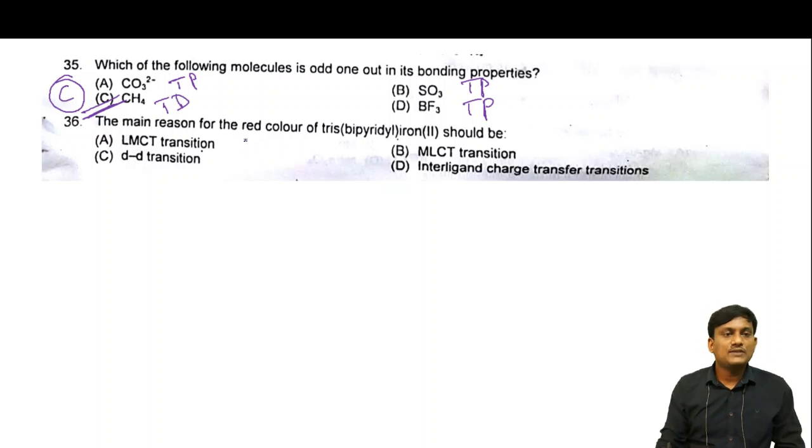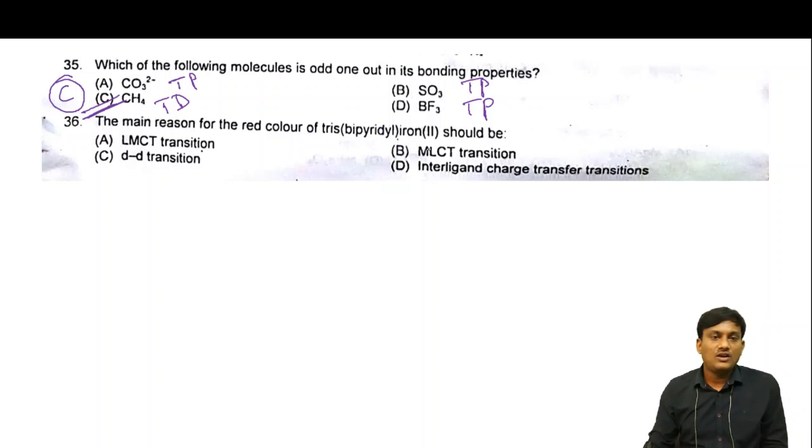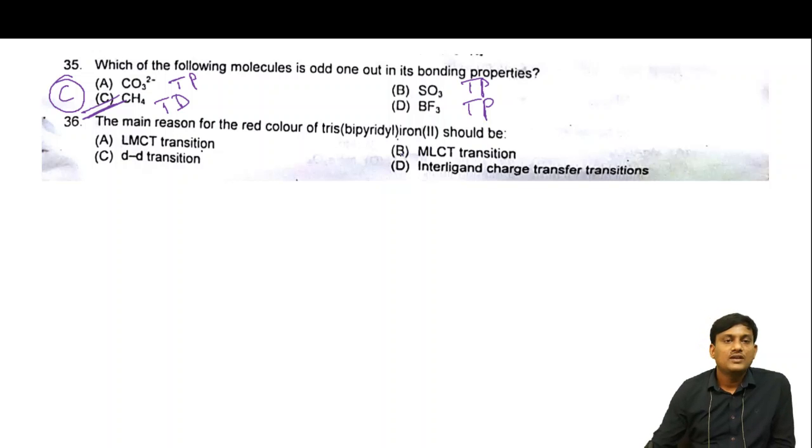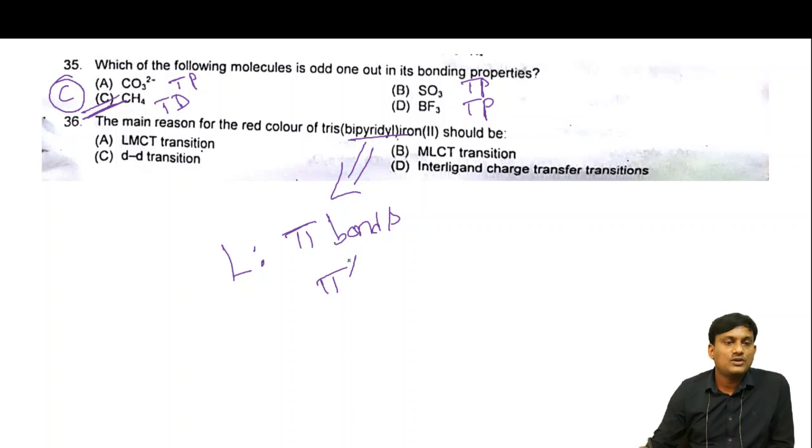The main reason for the red color of tris(bipyridyl)iron(II) should be... Here the ligand has pi electrons. Bipyridyl has pi bonds. When the ligand has pi bonds, it has pi star antibonding orbitals. It accepts electrons from the metal. The excess electrons will be accepted by pi star orbitals.